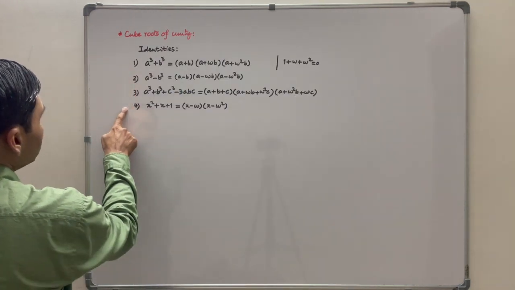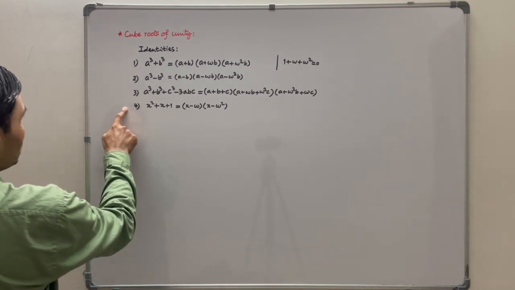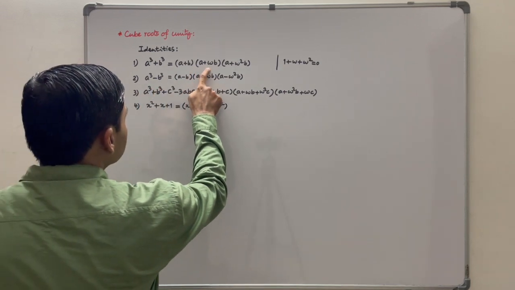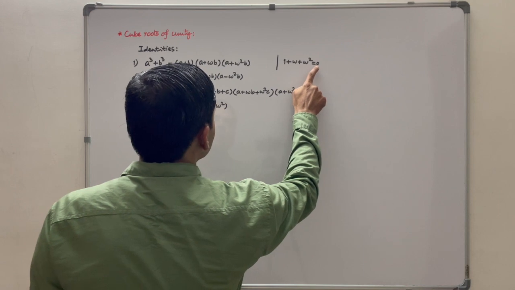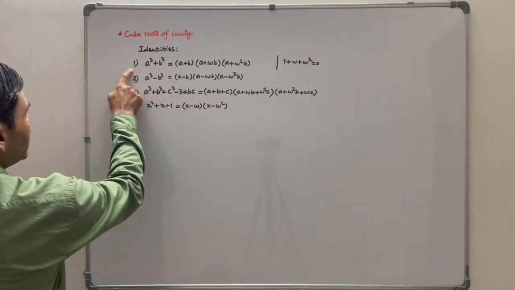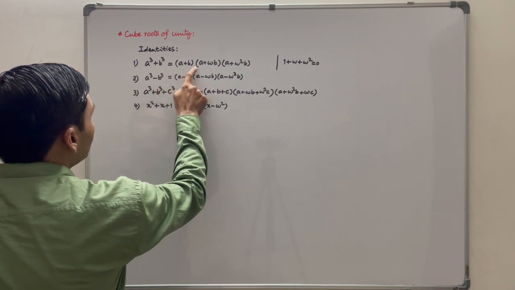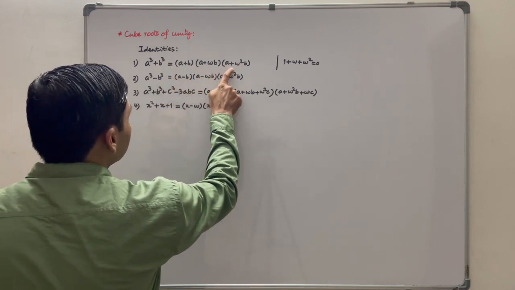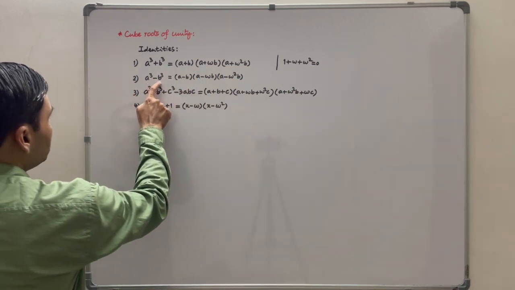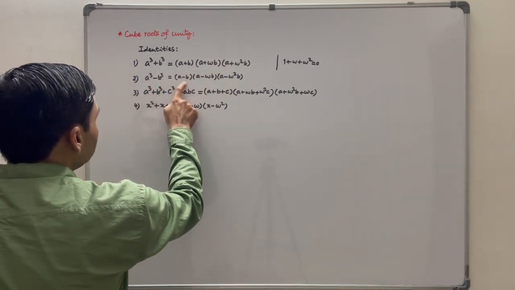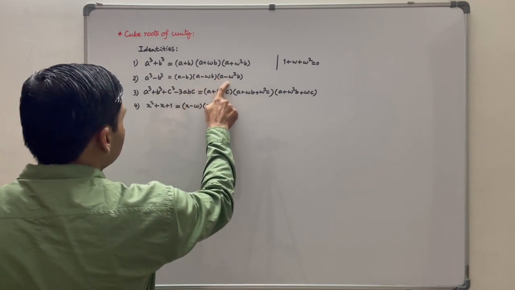These 4 identities you can use to solve the questions. You can verify on your own by starting from the right hand side and using 1 plus omega plus omega square is equal to 0. First identity is a cube plus b cube is equal to (a plus b) into (a plus omega b) into (a plus omega square b). Second identity is a cube minus b cube is equal to (a minus b) into (a minus omega b) into (a minus omega square b).